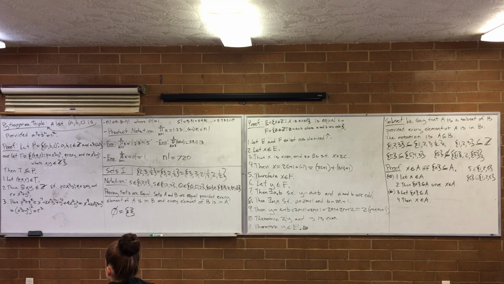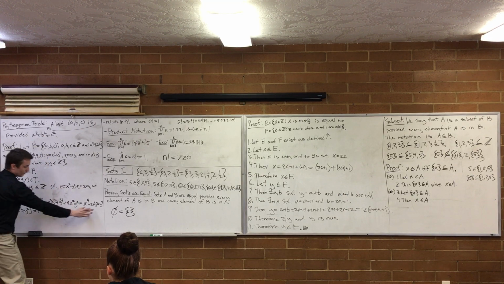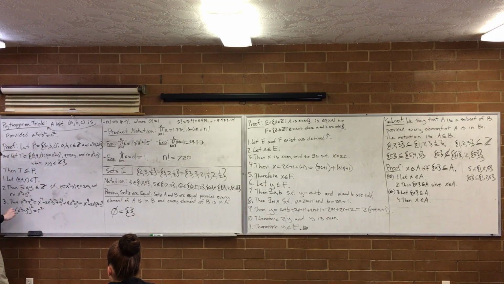Their squares are different. P squared is this, which is x to the 4. R squared is this, x squared y squared, y to the 4. Which is the exact same thing, positive. Okay, well, that's what I said.